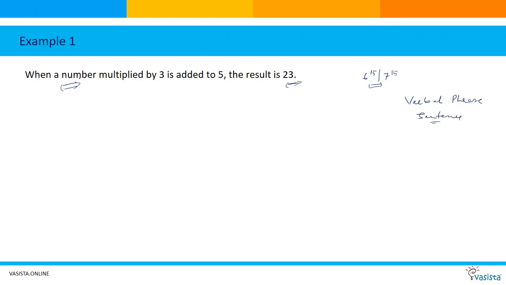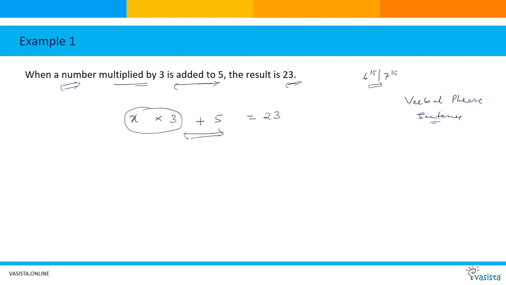Now see here, it's a sentence. When a number, let the number be x, is multiplied by 3, so the next step is multiplying by 3, and then it is added to 5, adding 5, the result is 23.